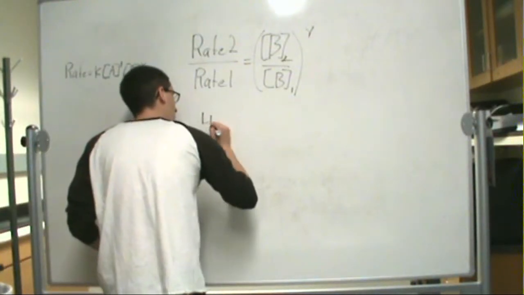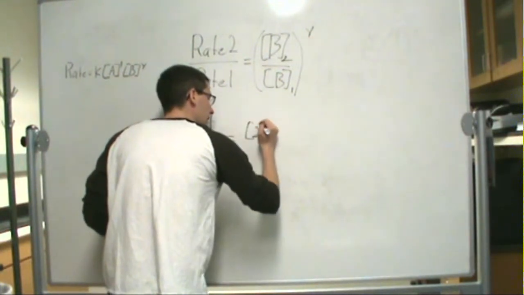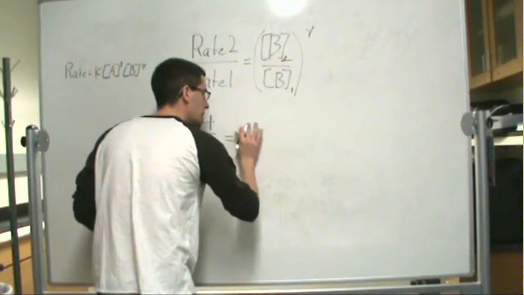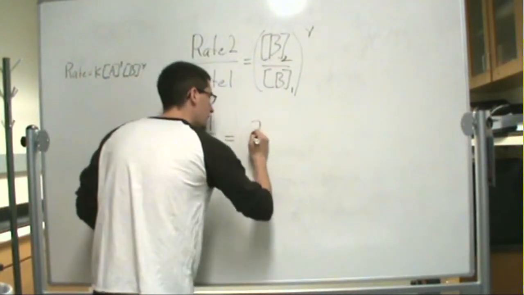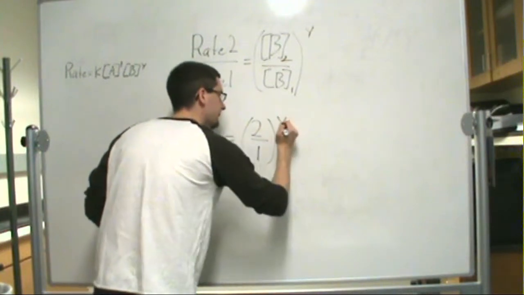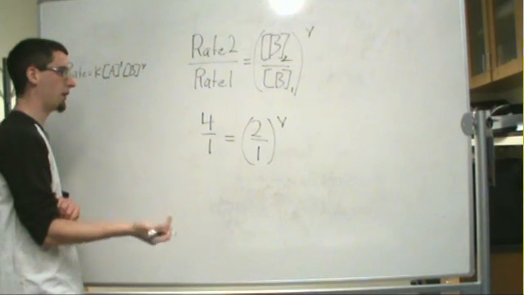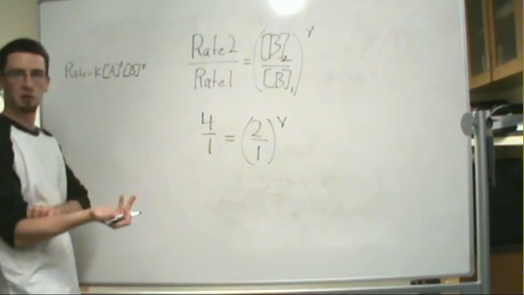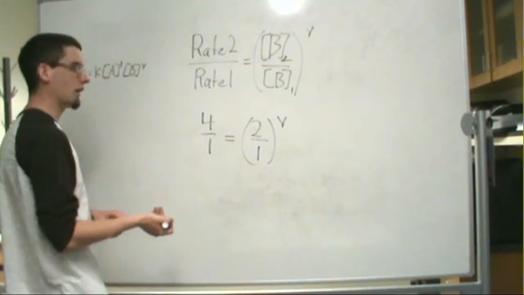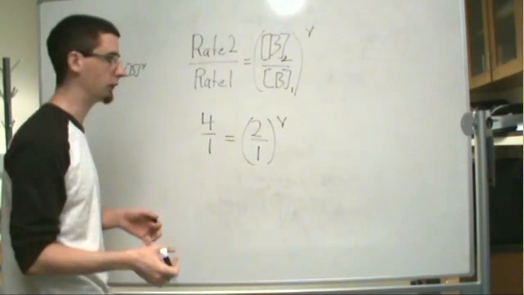So we have 4 over 1 is equal to 2 over 1 to the power of y. Let's use the logs to figure this one out. You can obviously see that y is going to be equal to 2, but if we want to be very precise and thorough in our mathematics, we should show this.